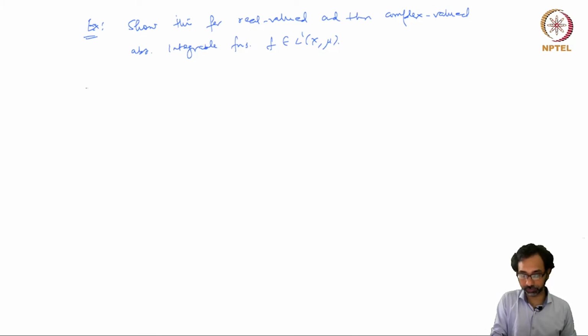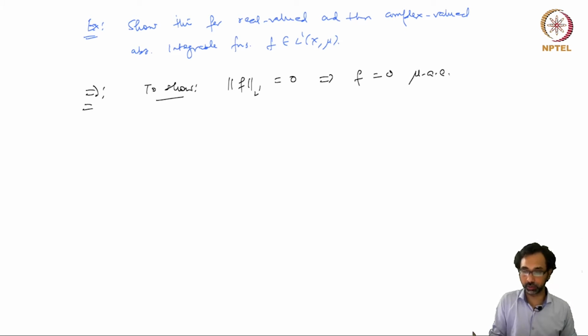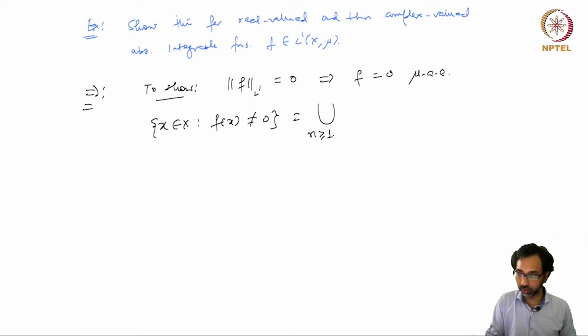Now to prove the forward implication, which is that if f has the L1 norm 0, then f equal to 0 mu almost everywhere. So note that the set of points for which f(x) is not equal to 0 is a countable union of these sets.